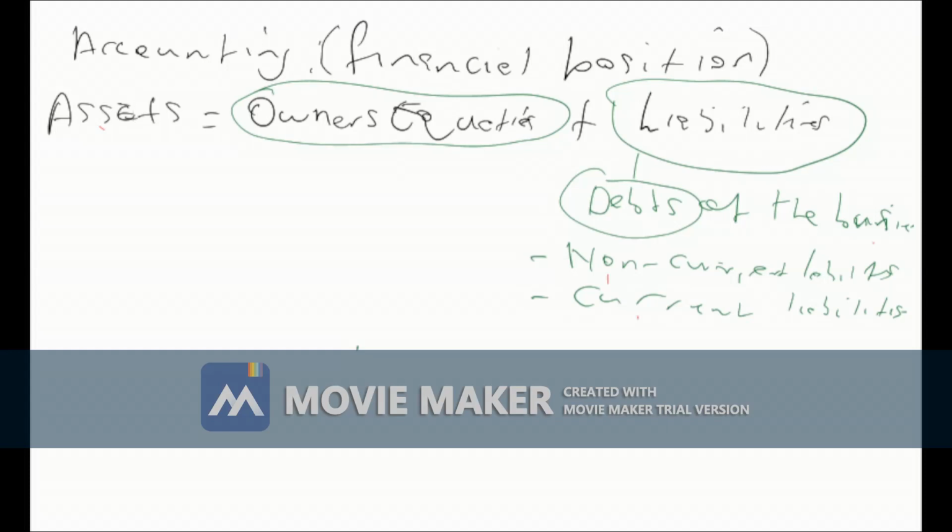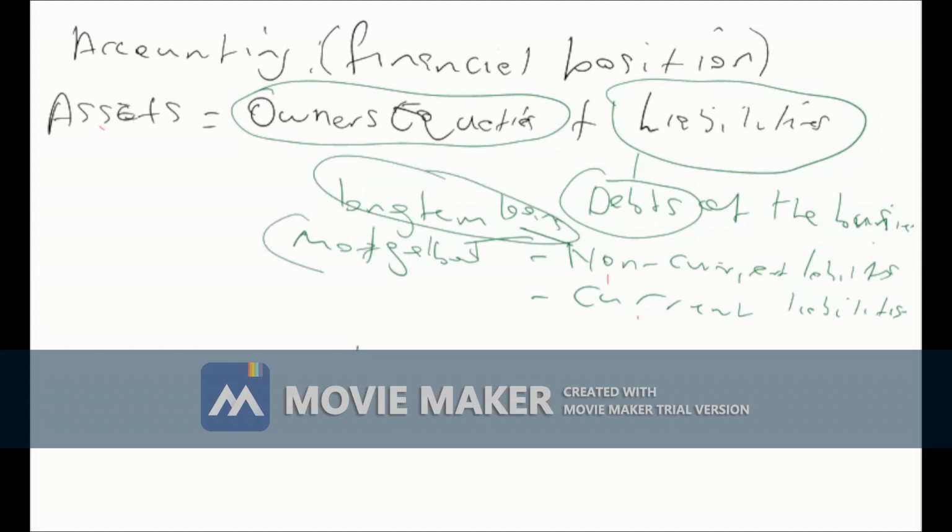Okay, now let's look at the types of non-current liabilities. We have what? A long-term loan and also mortgage bonds.